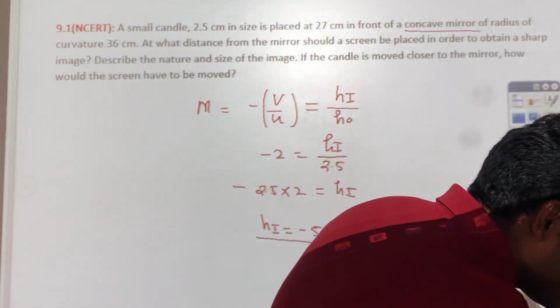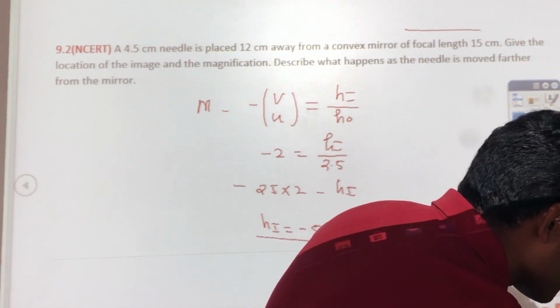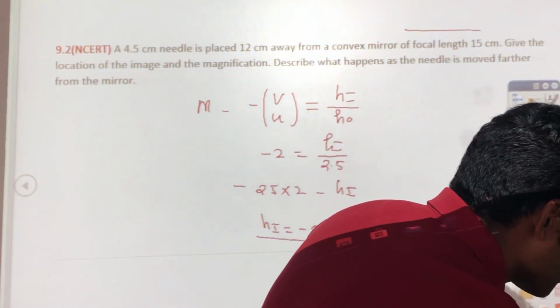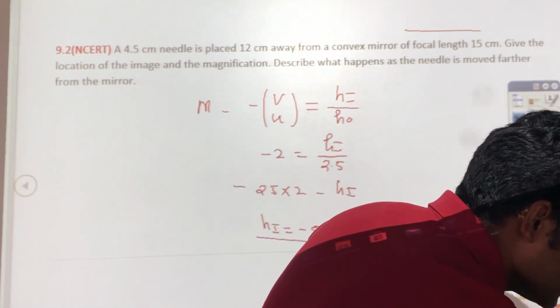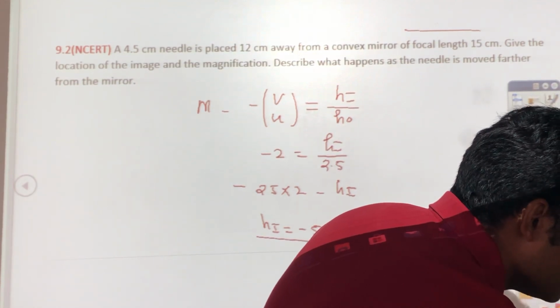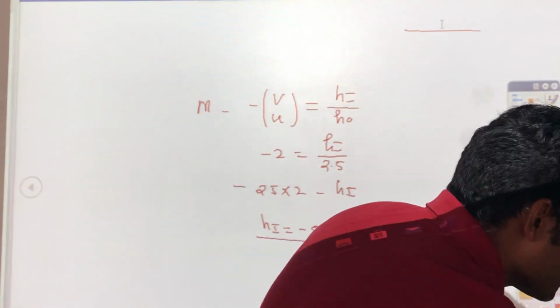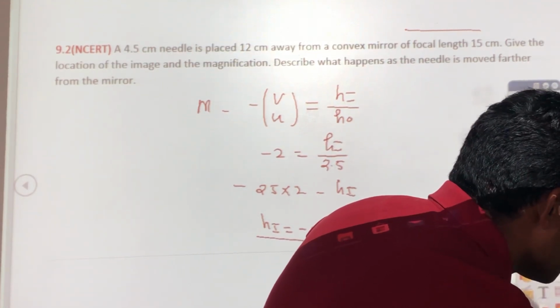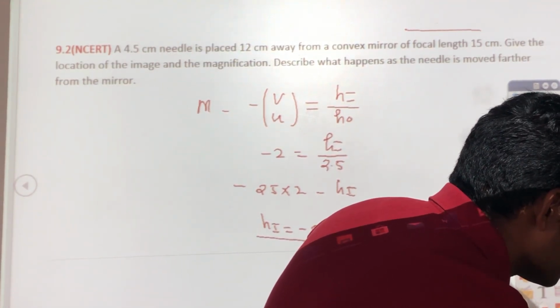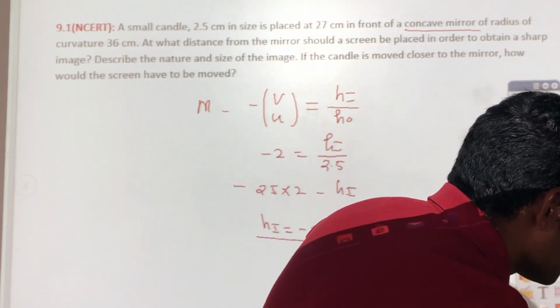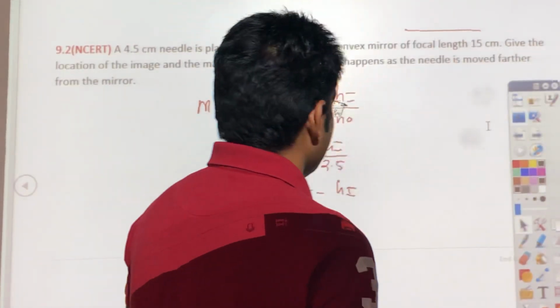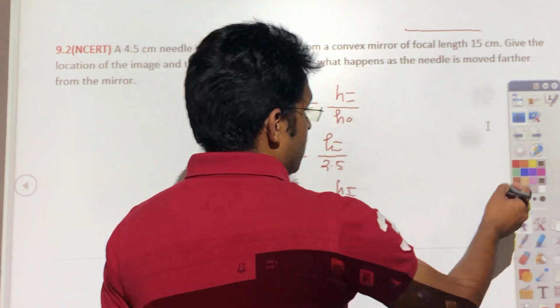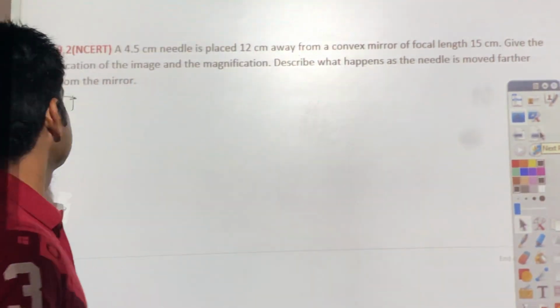The first one was 9.1, and the next question is 9.2.